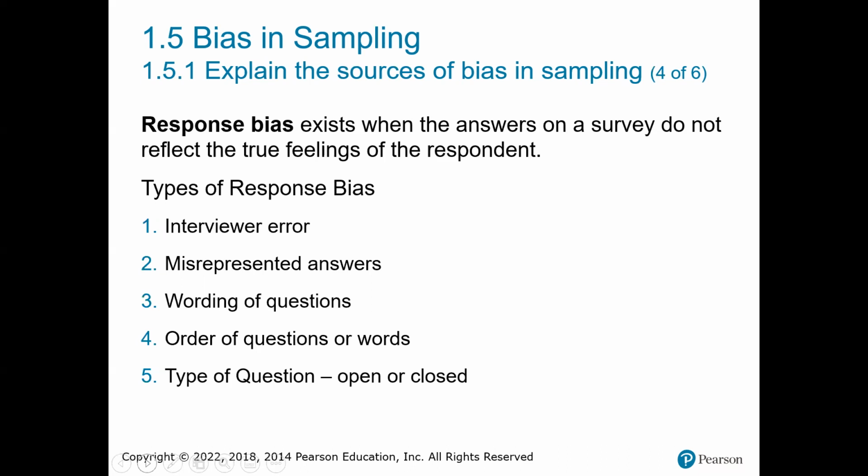They say something wrong, and that could sway the results of the answer. Maybe that interviewer wrote something incorrect, misrepresented the answer. So you reply with an answer, but the interviewer writes it different than what you meant.